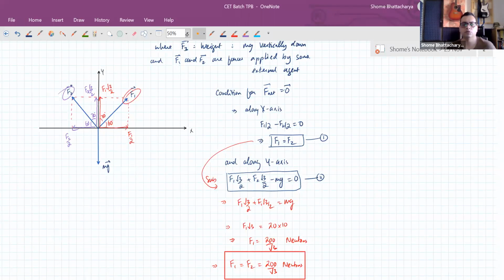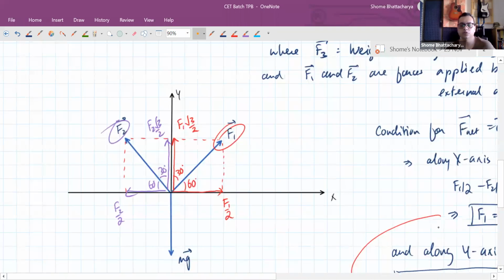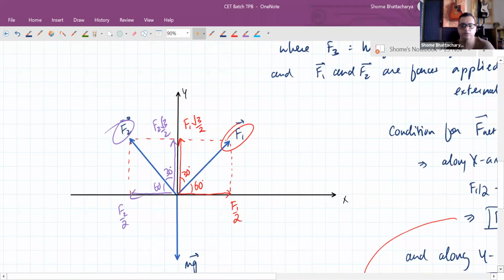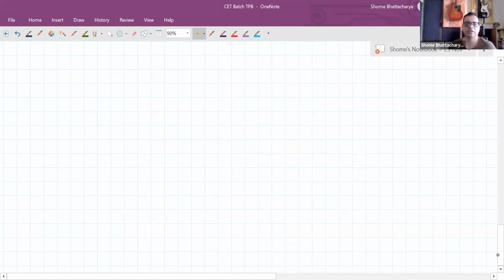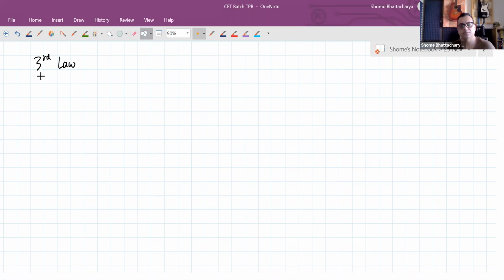Okay. Now we will move on to understanding Newton's third law of motion before we come back to applications again of second law. We'll complete the theory part first. So Newton's third law, as you know, it's called the action-reaction principle.